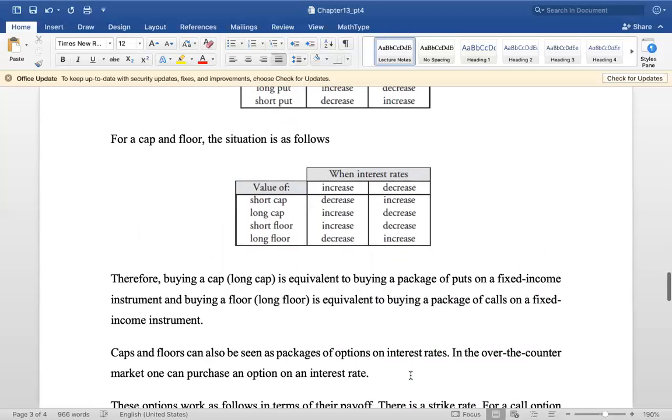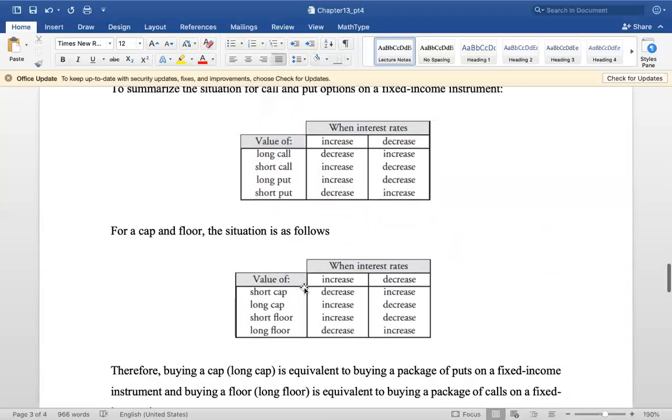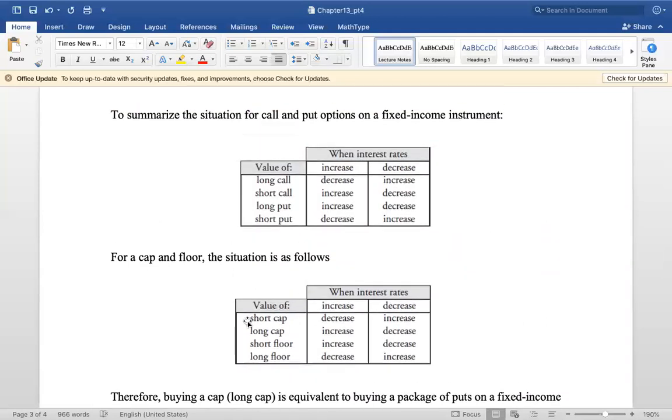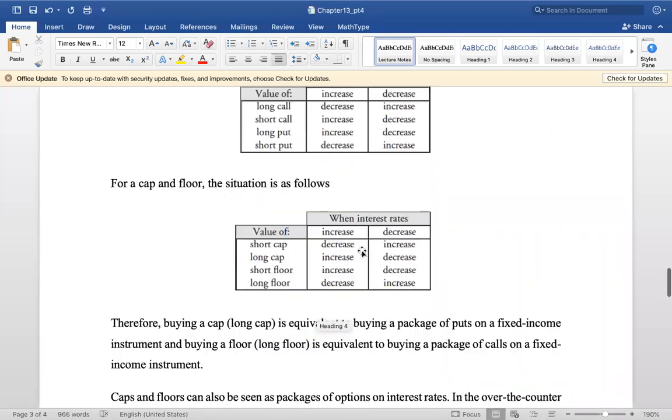For cap and floor, the situation is similar. So a short cap is equivalent to a long call, right?